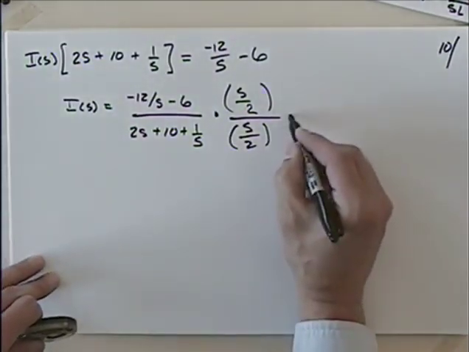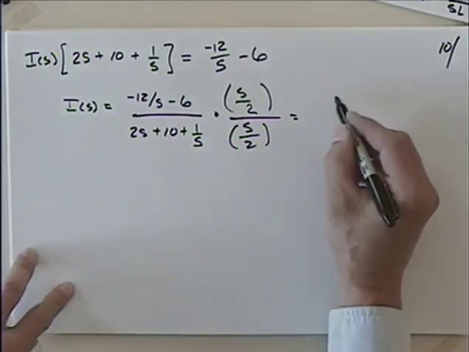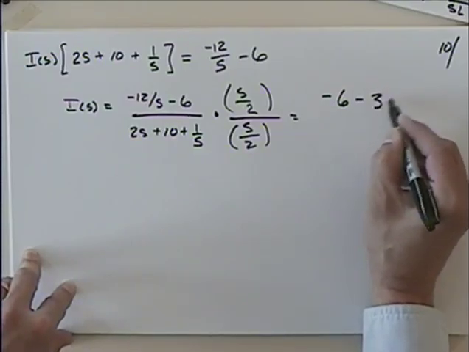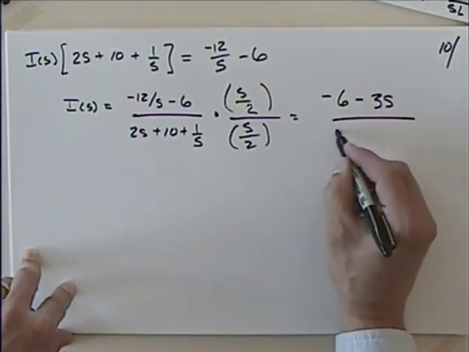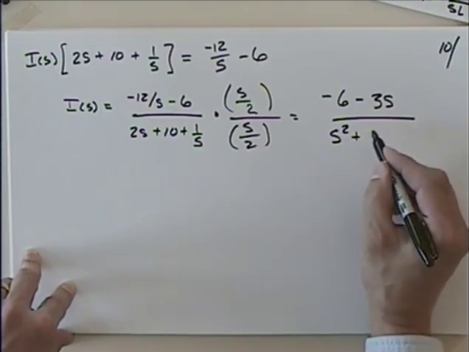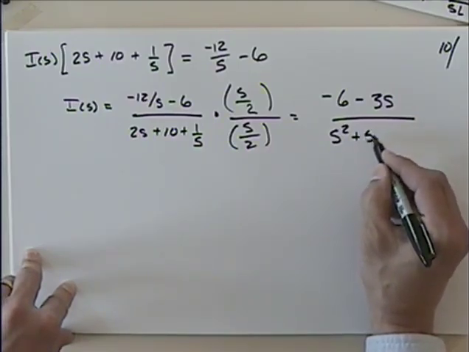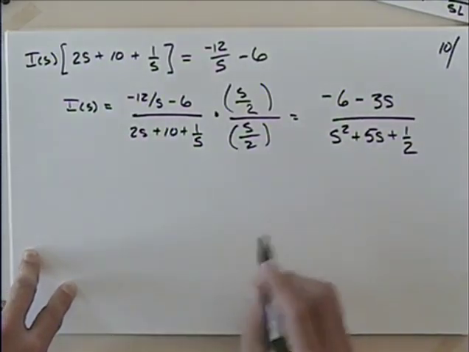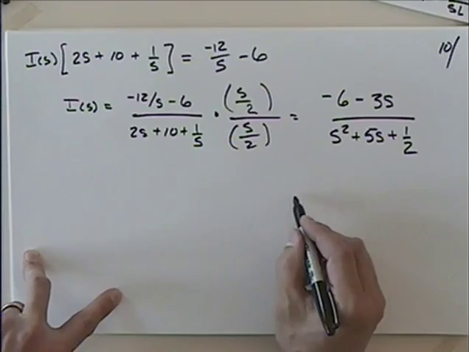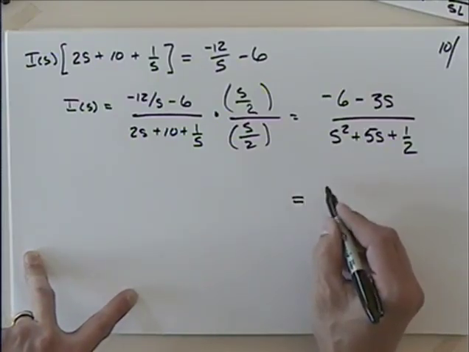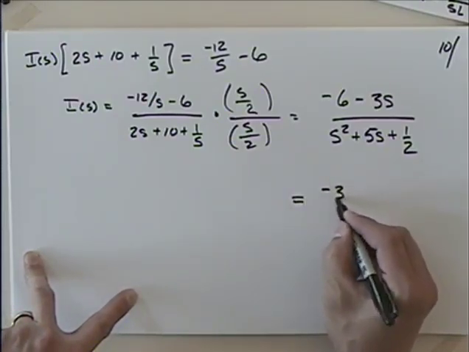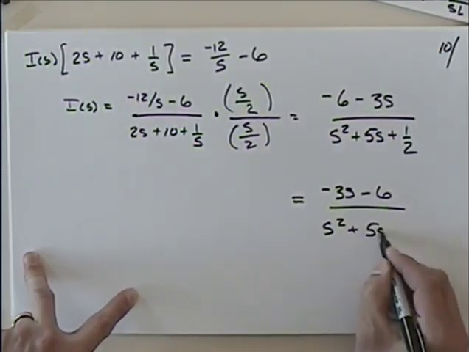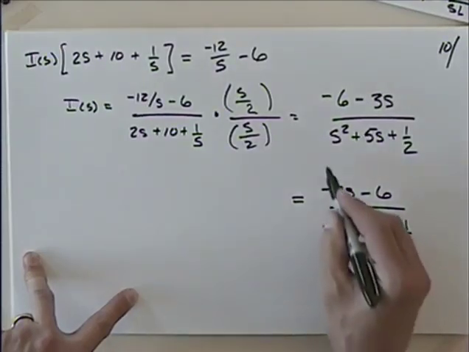So we come up then with minus 6 minus 3s divided by s squared plus 5s plus a half. So rearranging the order of the numerator, we get 3s minus 6 and s squared plus 5s plus a half.